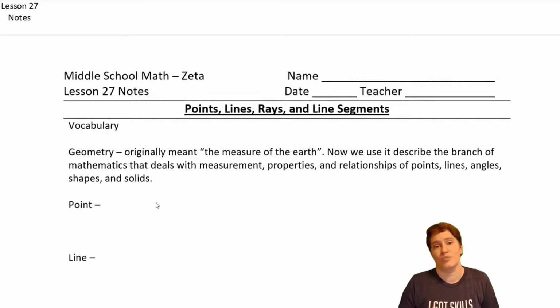So first off, what is geometry? If you look at the origins of the word, you get basically two parts to it. The geo part means earth, and the part where we get the metry comes from a word that means measure. So it kind of literally meant the measure of the earth, and that in a lot of ways is still what it means, but we also use it to describe a branch of mathematics that deals with not just measurement, but also properties and relationships of points, lines, angles, shapes, and solids.